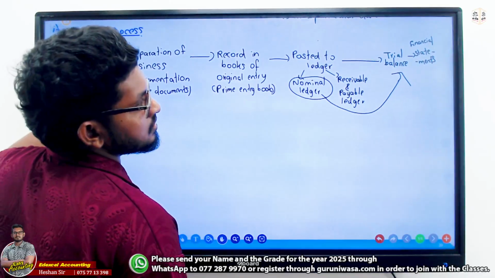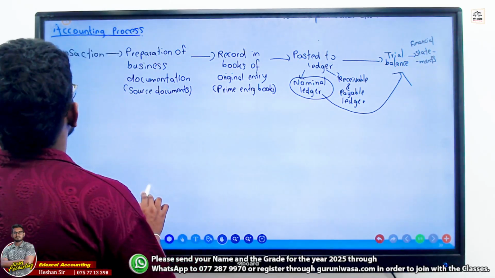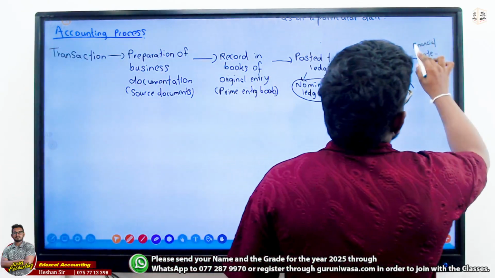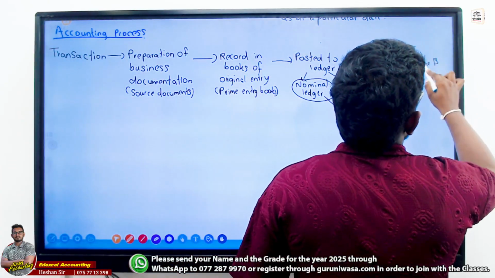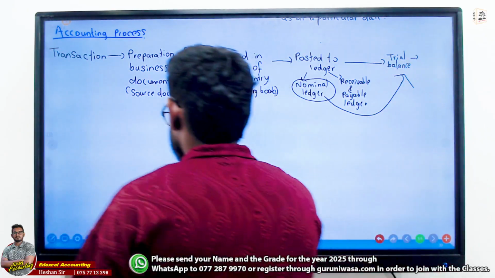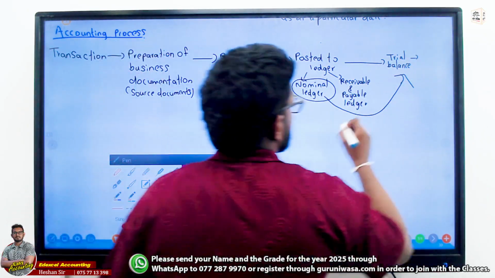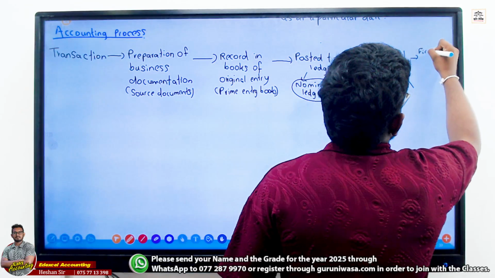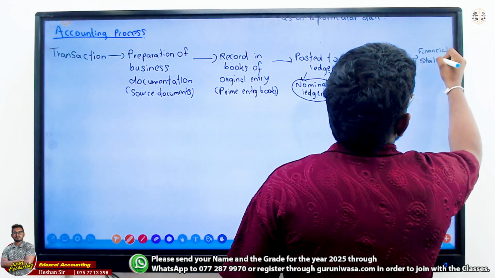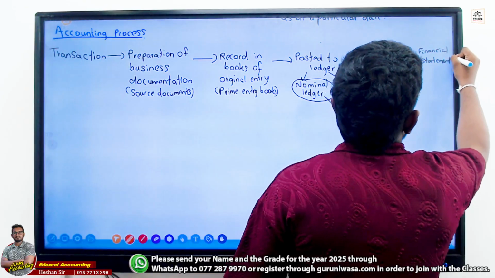Understand? So finally, we take the trial balance figures to prepare the financial statements. Right? I write it again. Financial statements. We already prepared the trial balance as well.